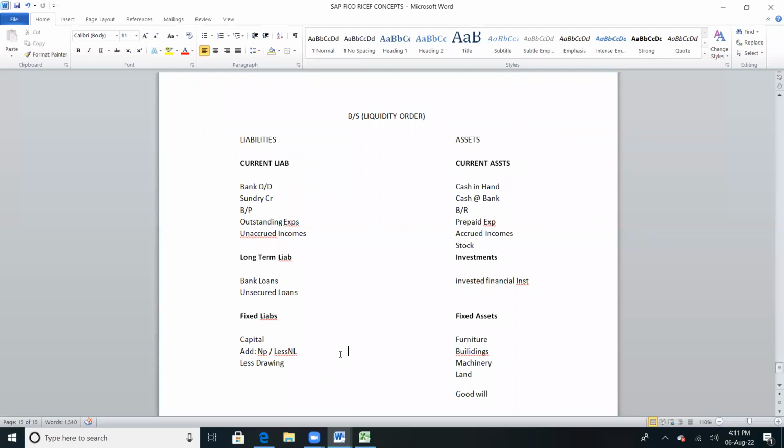For an individual firm, if you are not registered, it's okay, you can prepare anything. But if your firm is registered, then it will be a limited kind of thing, so definitely you need to follow liquidity order. Got it. Thank you.